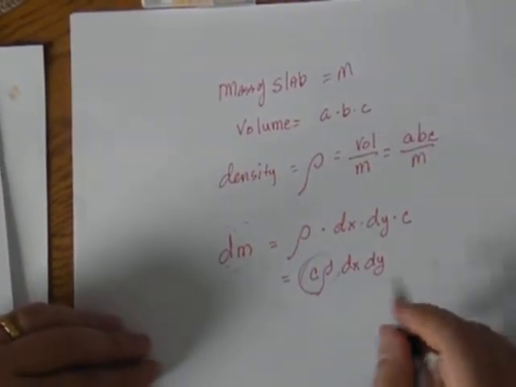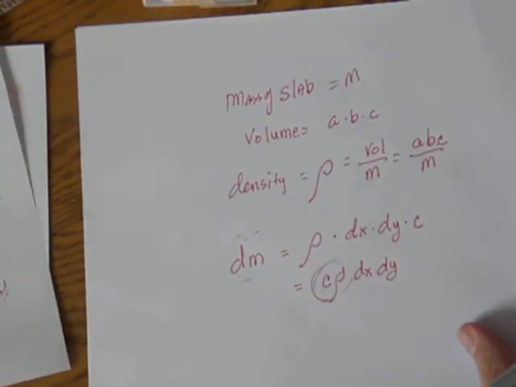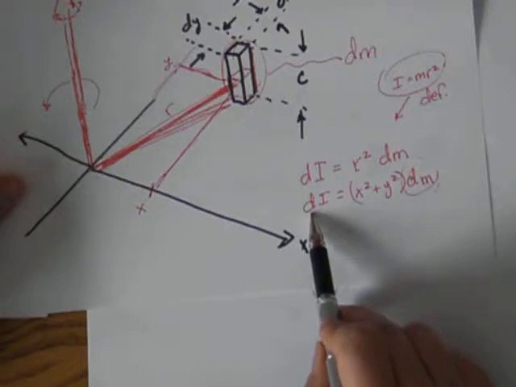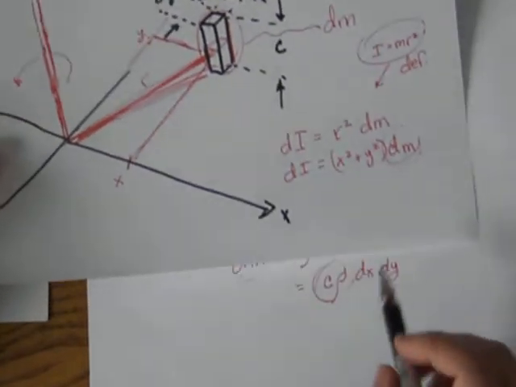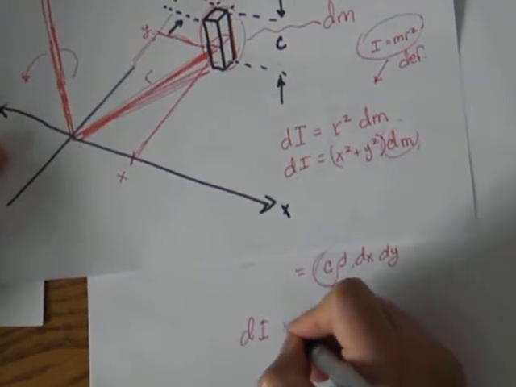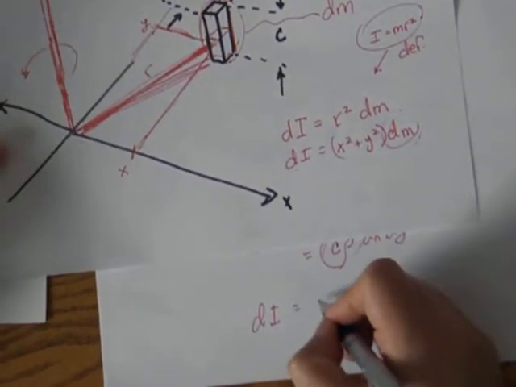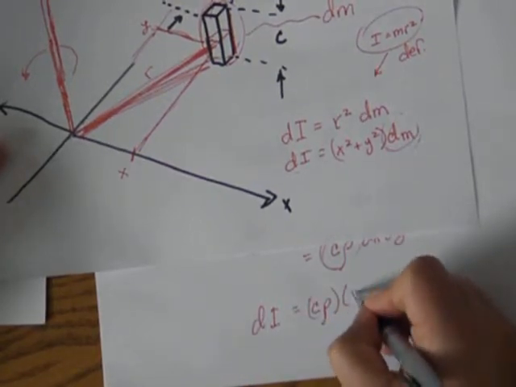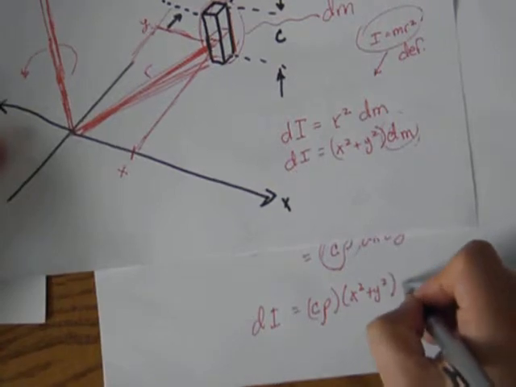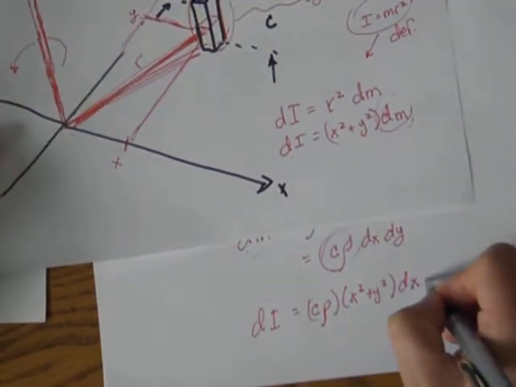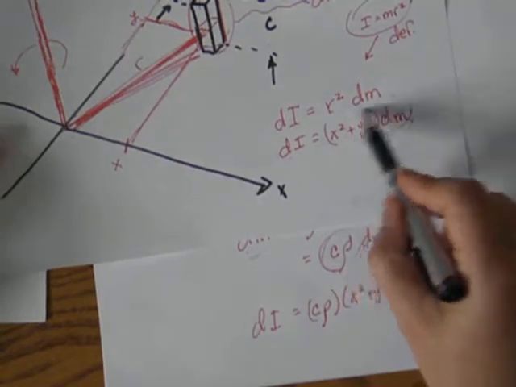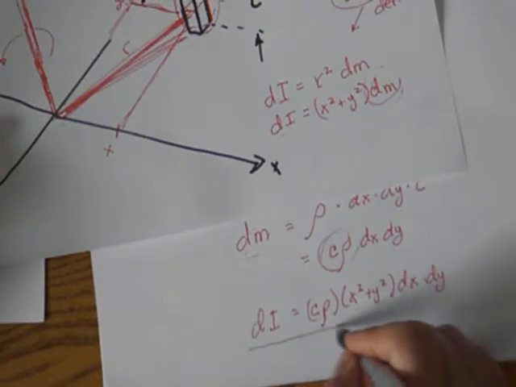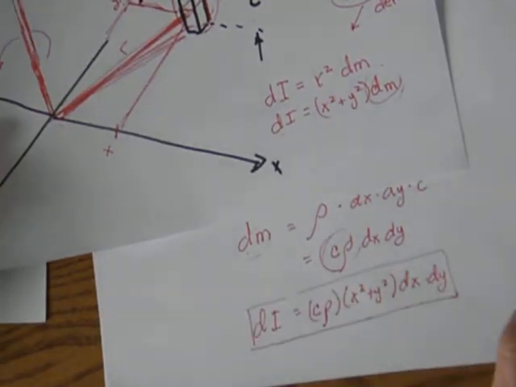These will just be constants. And so we're going to combine that with our infinitesimally small inertia right here. So we've got dI will equal c rho, which is a constant, times x squared plus y squared times dx times dy. And that's just combining this equation with this equation right here. And so now we've got this, and then we'll be able to do our integral.